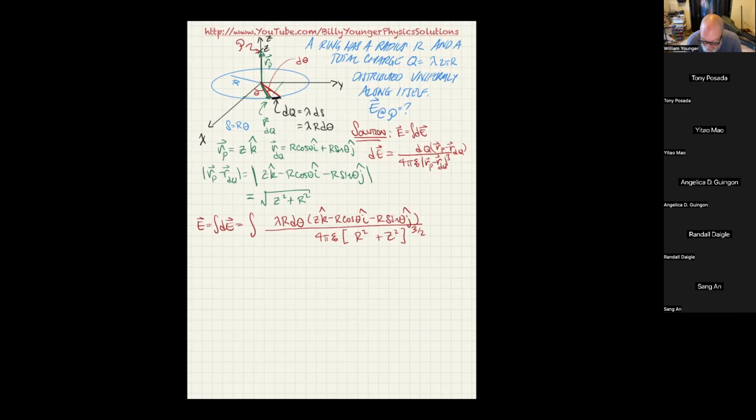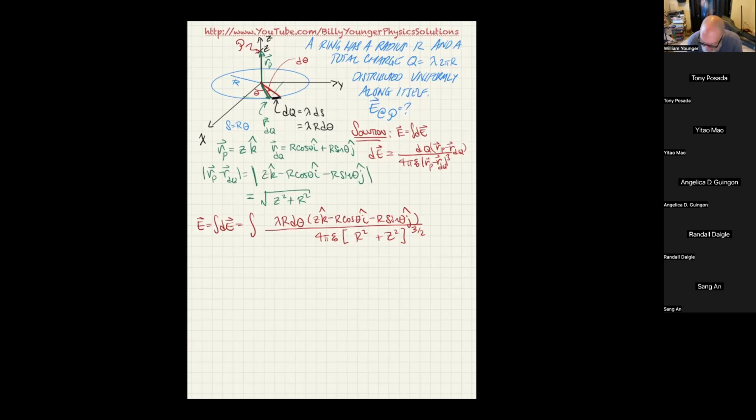But if you look at theta plus 180, you're going to see that the X and Y components of that electric field exactly cancel out the X and Y components of the original one at theta. So I think you can realize that integrating cosine theta i hat and sine theta j hat are both going to give you 0. Another way of looking at it is, notice this integral is everything in theta.